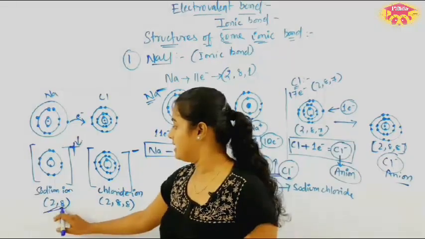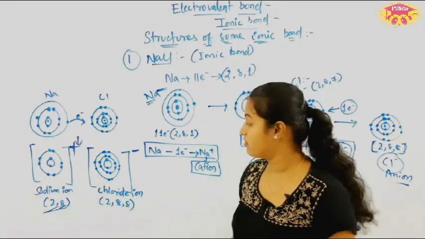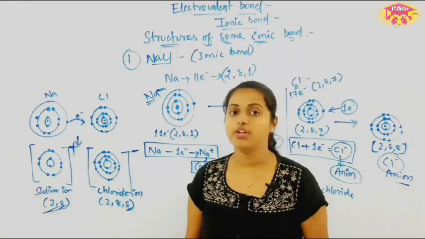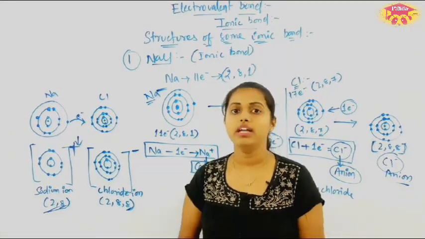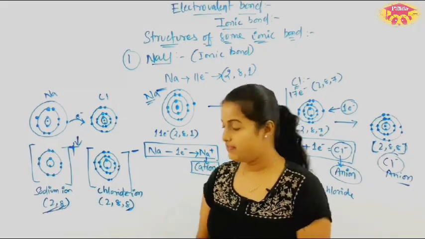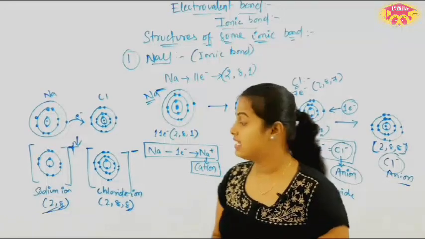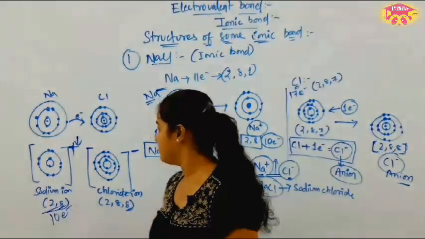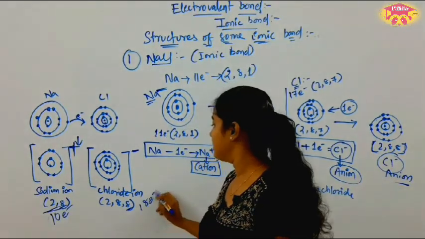Lastly, it contains 8 electrons in the outermost orbit, and here also it contains 8 electrons in the outermost orbit. So these atoms fulfill their outermost orbit by attaining the nearest inert gas configuration. So here it contains 10 electrons. Now here it contains 18 electrons.